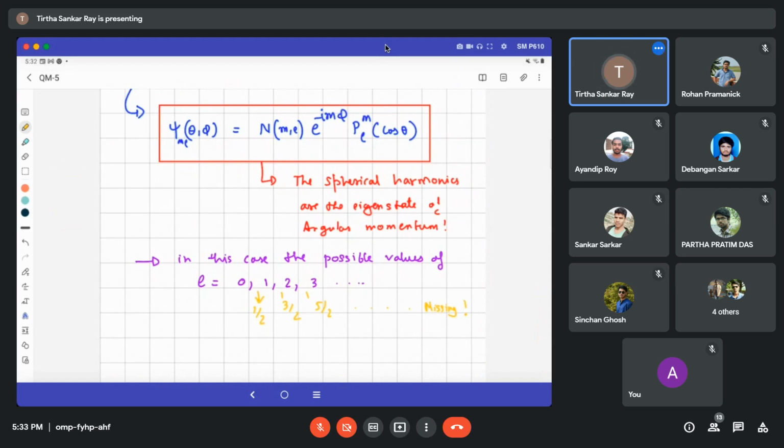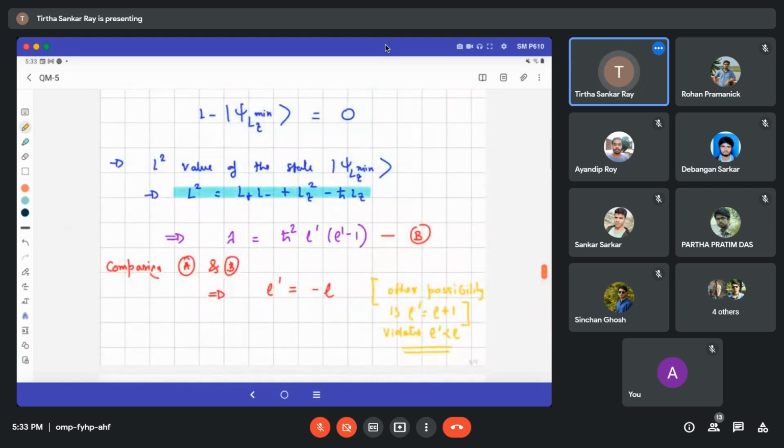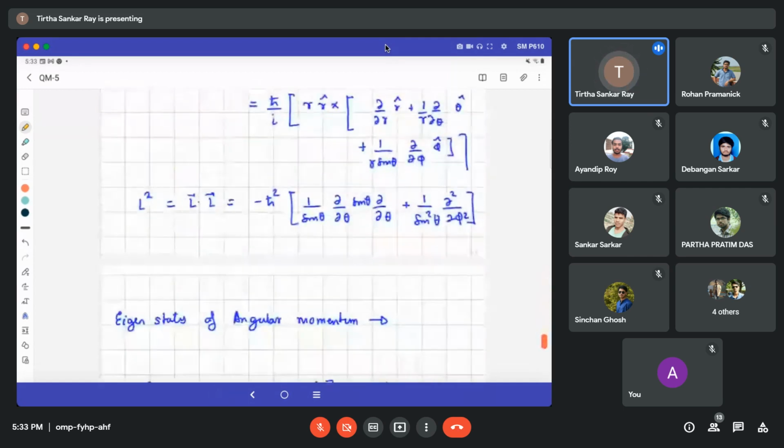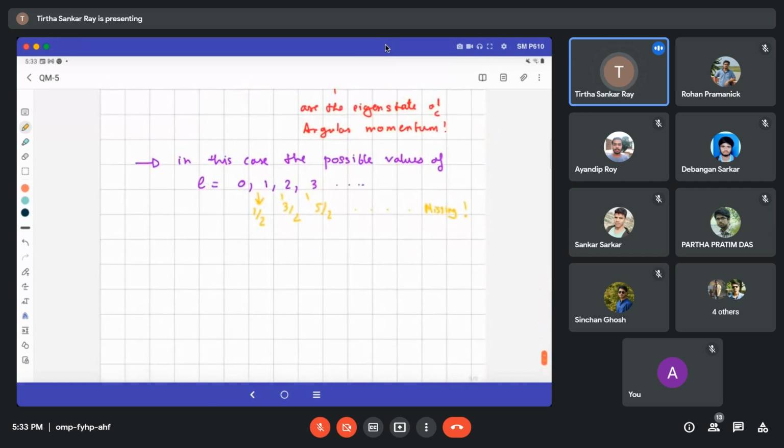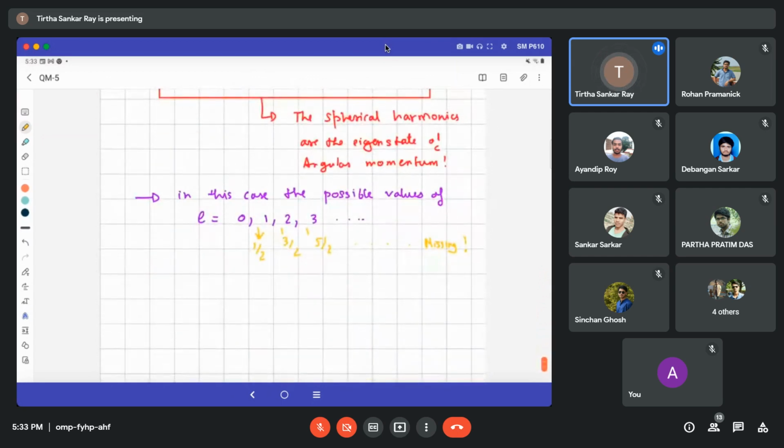See, the point here is that previously, when we were discussing angular momentum, we were talking about a quantum number describing the angular momentum of a system, and we never mentioned whether this angular momentum is related to something moving in a circular way. From our classical notion, angular momentum arises only if there is something rotating. So if there is a rotation, only then you would think that there is angular momentum, and then this differential equation formalism works, and the values that L can take are 0, 1, 2, and 3. The half integers do not have any meaning.